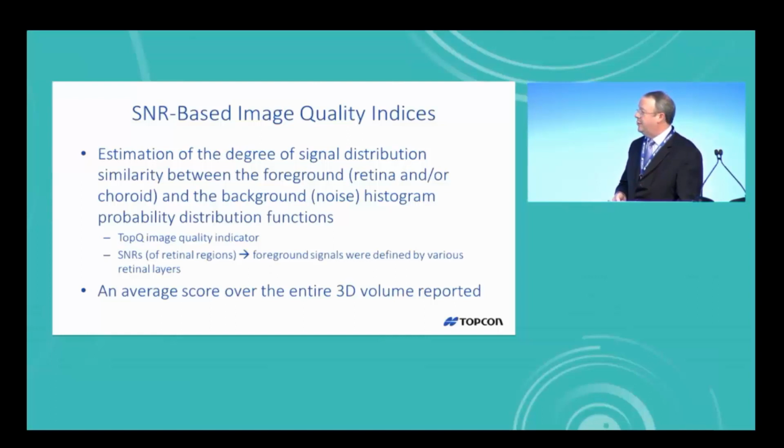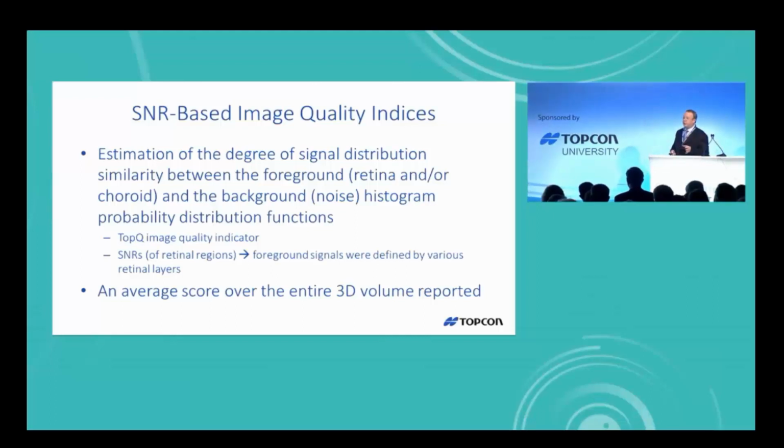One is the Topcon image quality indicator that's built into the OCT systems, and that exists in both the Maestro and in the swept source, Triton. That's a little bit subjective because the definition is customized a little bit from machine to machine. So in addition to that, we also created more objective signal-to-noise ratio measures of specific parts of the retina, and I'll discuss that going forward.